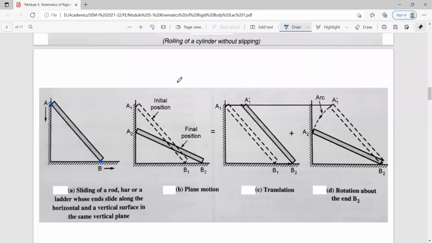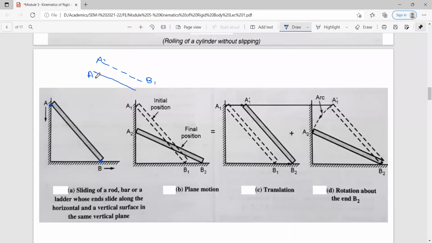Any other answer? So translation, you know what translation is? Suppose this is the orientation of the ladder, say A1 and B1. You can identify translation by whether its final position is parallel to it.